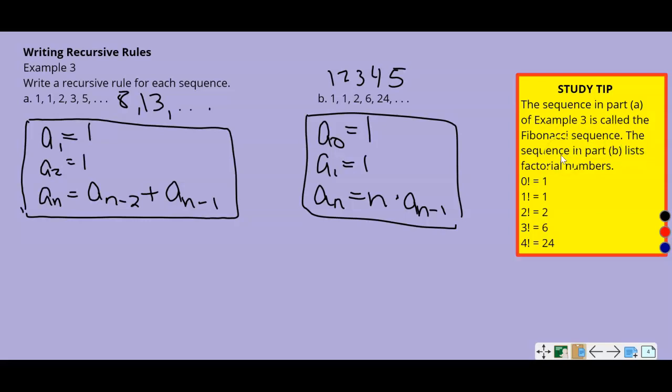It's pretty cool. And then the second sequence in part B lists factorials. We have talked about factorials a little bit, but again, these are special types of sequences that you may see, but they don't necessarily fit into the same arithmetic or geometric pattern.